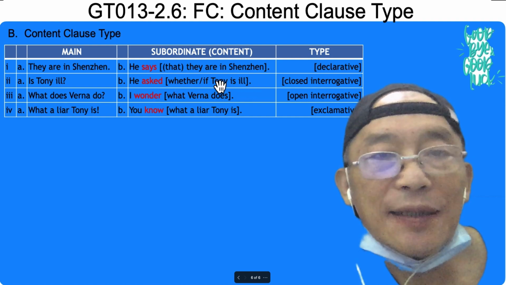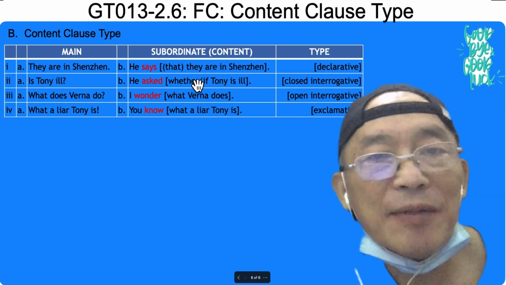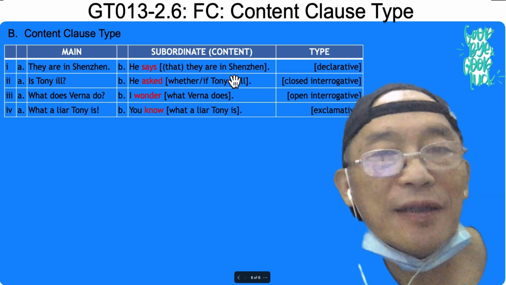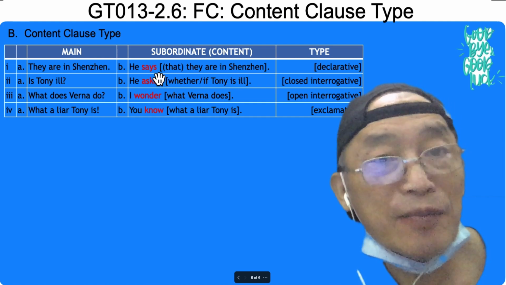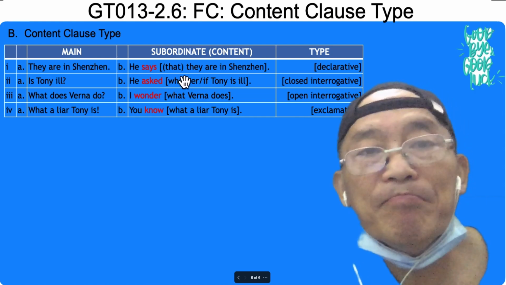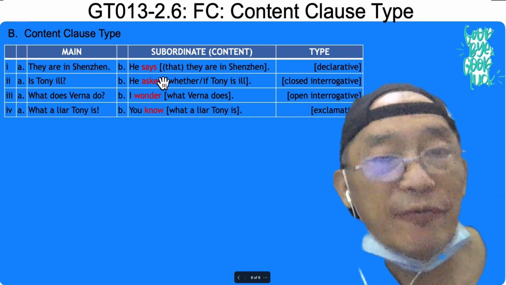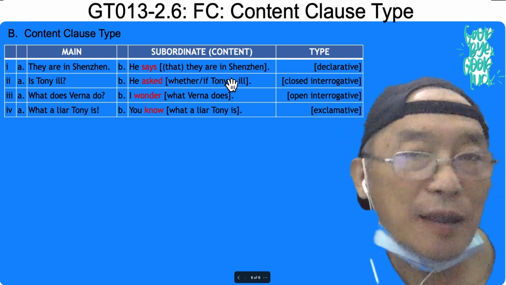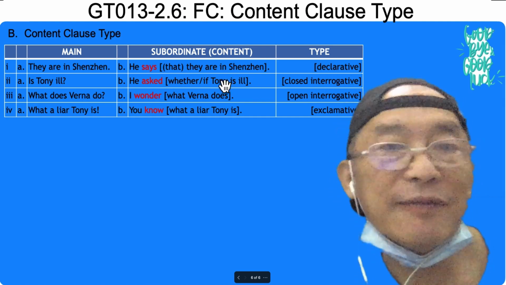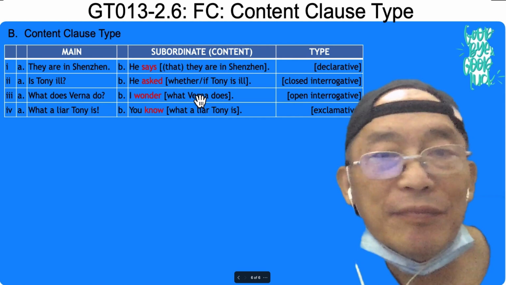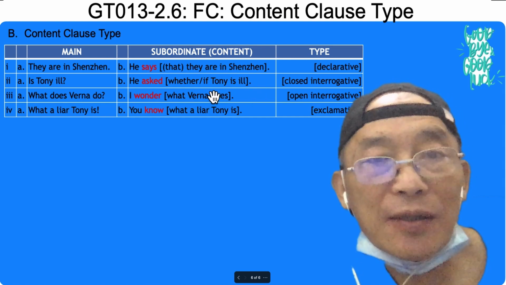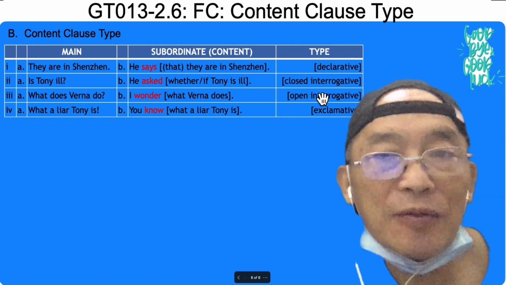It says that, yeah, says can take declarative content clause. And it's short. And it's a kind of communicating verb. Typical verb that can take content clause. Declarative content clause. He asked, yeah, whether. Yeah. Yes or no. So closed interrogative.